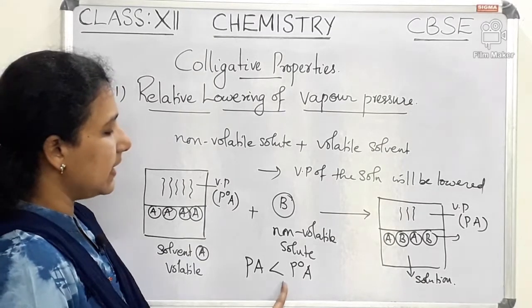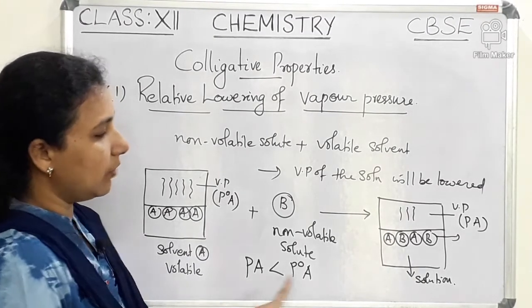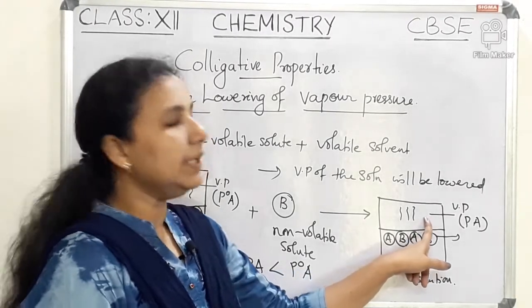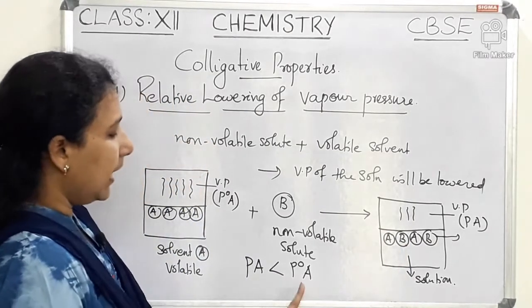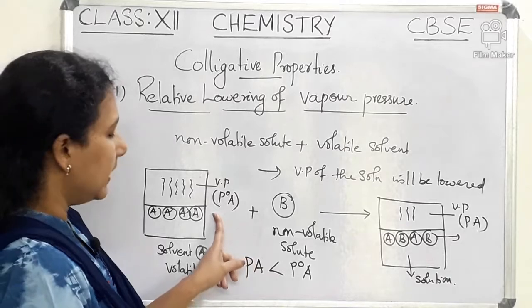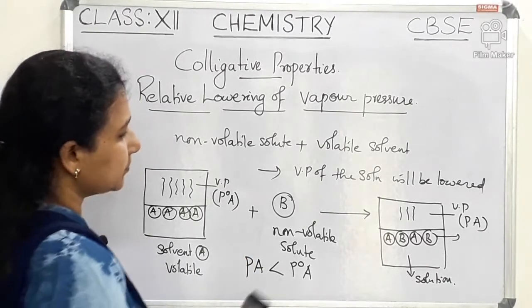PA is the vapor pressure of the solution, where the vapor pressure is only due to the presence of component A. That is why it is PA. And P0A is the vapor pressure of the pure solvent A. So PA is less than P0A.